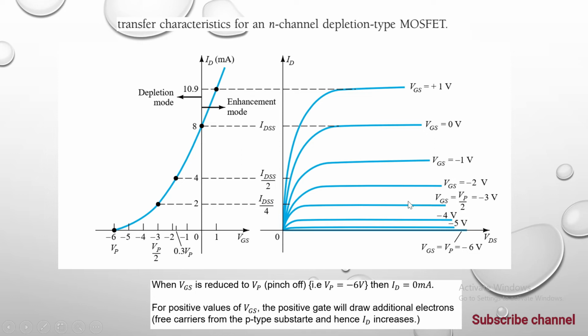the source drain current decreases, and on reaching pinch-off voltage, VGS equal to -6, the value of current IDS will be 0. When we apply VGS of +1, the source drain current will increase.